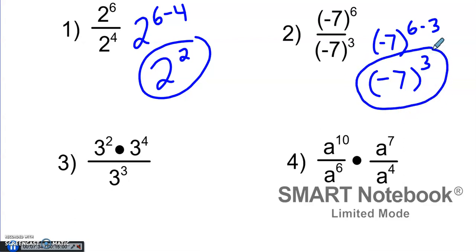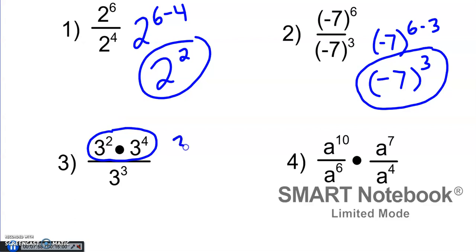If we go down to number 3, this is actually a 2-step problem here. So for number 3, we have 3 squared times 3 to the 4th divided by 3 to the 3rd. So this is, again, a 2-step process. We're going to simplify the numerator first. We have the same base of 3, and we're multiplying them. So when we multiply exponents, we add the exponents together.